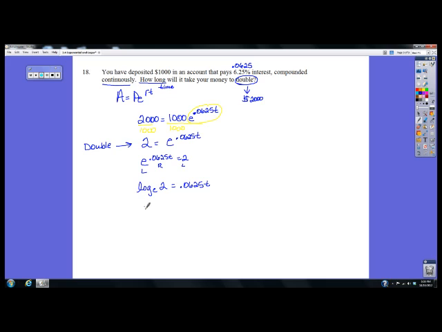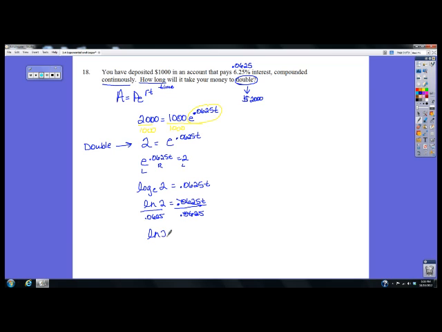Log base e means natural log of 2 equals 0.0625t. You can calculate the natural log of 2 and then we'll divide it by 0.0625. So calculate that and then you'll find out how long it'll take.